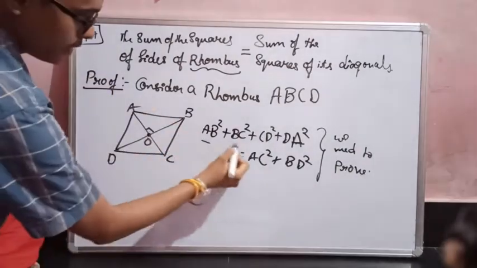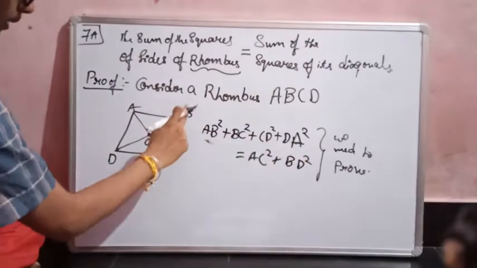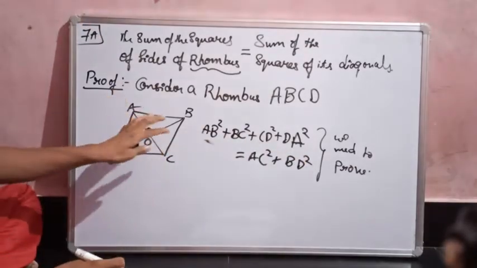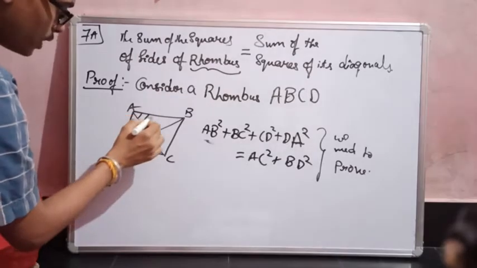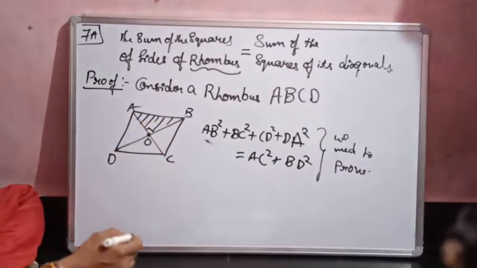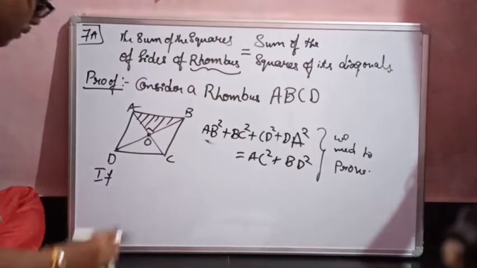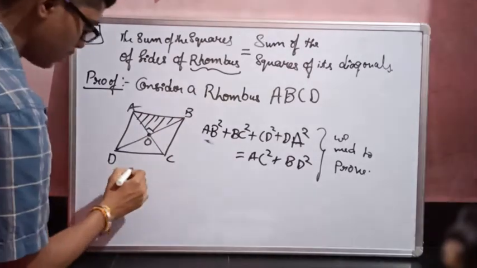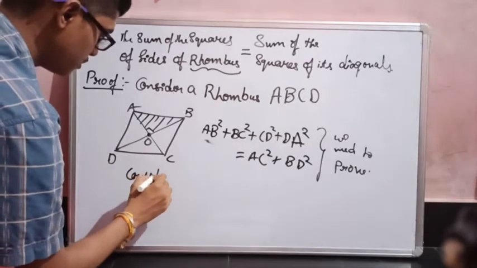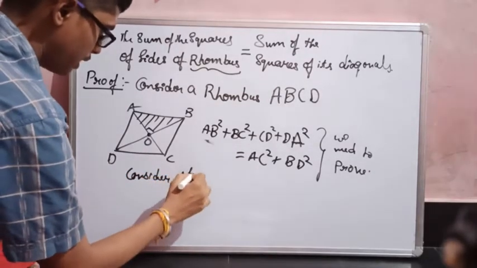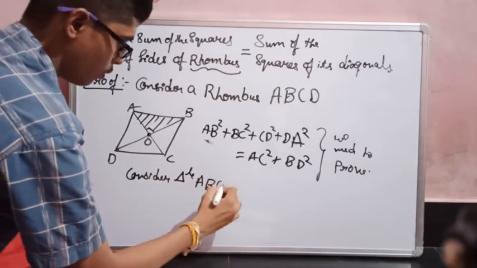I have AB, BC, CD, DA, but all are equal. I'll consider only one side, which means one triangle is enough. In this triangle, if we apply the Pythagoras theorem, let me first consider triangle ABO.